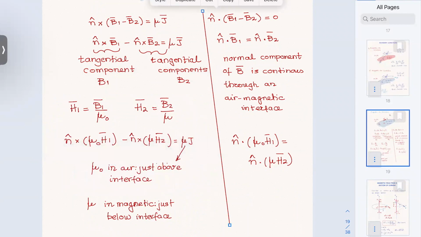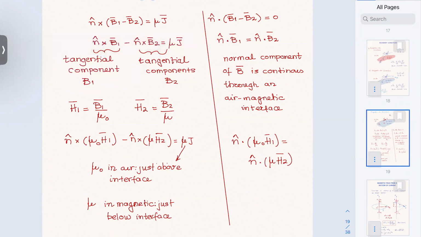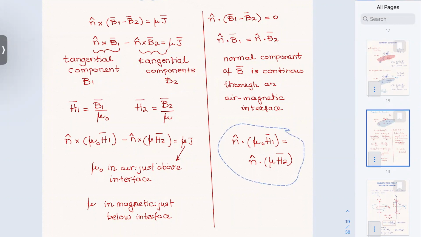And these are the ones that we used indirectly when we calculated the field inside the solenoid. All right. Practically, we used indirectly this condition.